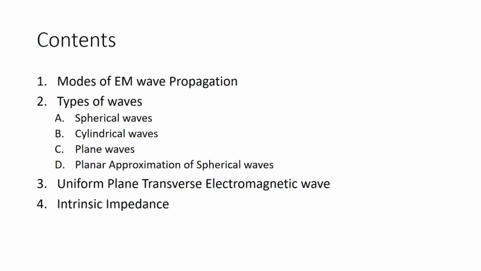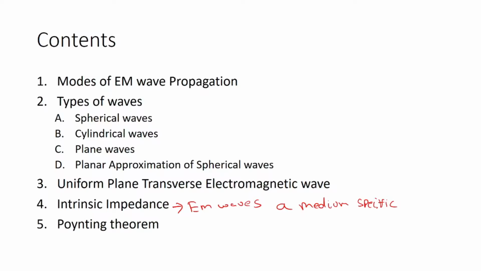And then I would define intrinsic impedance. This is one more propagation parameter of EM waves, and it is also a medium specific quantity. And then I would discuss Poynting theorem, which discusses the flow of energy in EM wave.